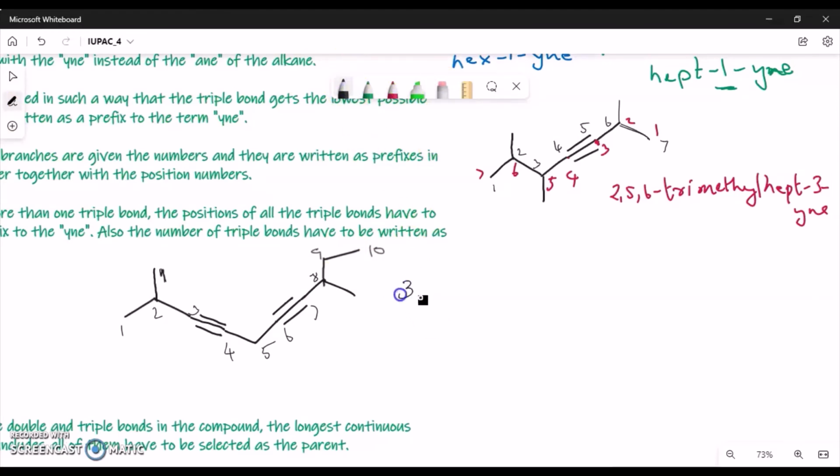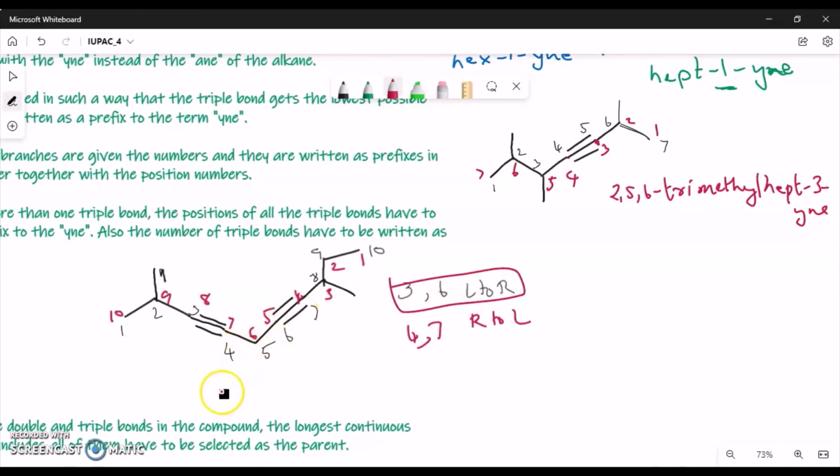But if I go from right to left, let me put the color red for that numbering, 1, 2, 3, 4, 5, 6, 7, 8, 9 and 10. So if I choose this numbering, the positions of the triple bonds from right to left will be 4 and 5, 6, 7. So of course this is better. That is, the black numbering is better.